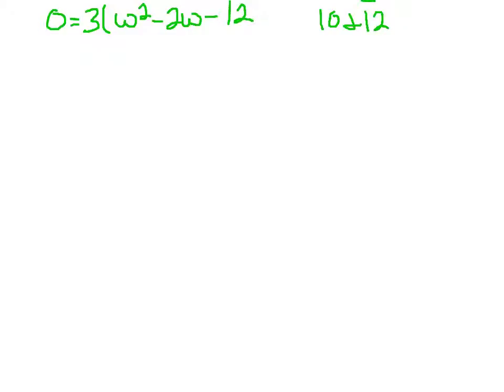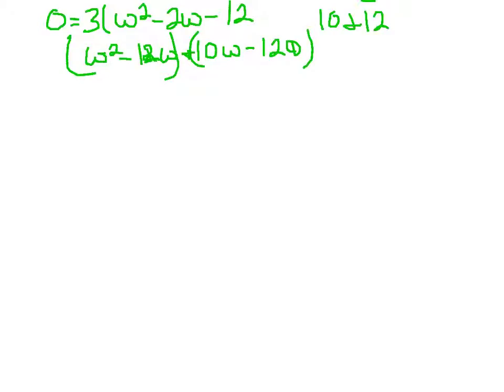So we're going to do W squared minus 12W plus 10W minus 120. So we can couple those up, so it'll be W squared minus 12W plus 10W minus 120.